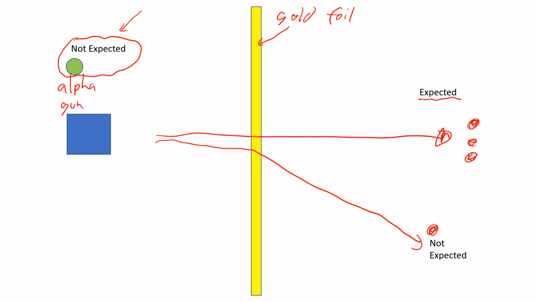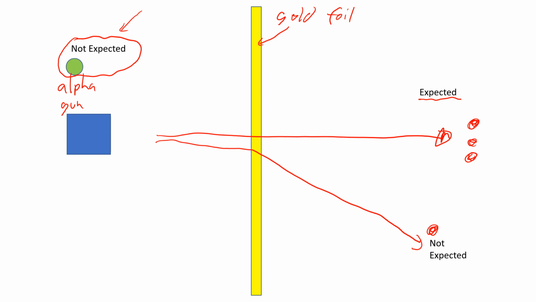Now, how did he know these alpha particles bounced off? It's because of that zinc sulfide screen. Every time a zinc sulfide screen gets hit with an alpha particle, it lights up and emits some light. Okay, and his big question is, hey, why are these things bouncing off here? Because if these were the plum pudding model, an alpha particle should be able to just rip through.